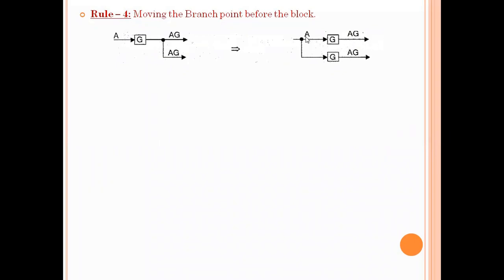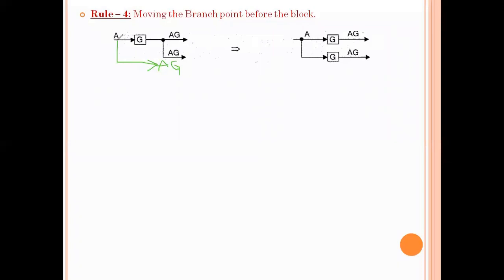Then in this branch, we need not change anything, because A into G, we will get AG. In this output, AG is the output, so we are getting AG. So there is no change. If we move this branch point here, then if this is the branch point, the actual output is AG.